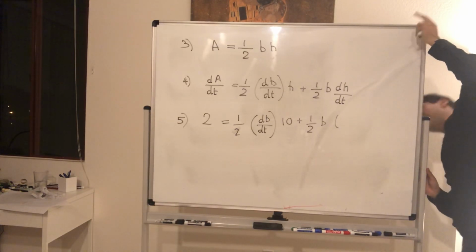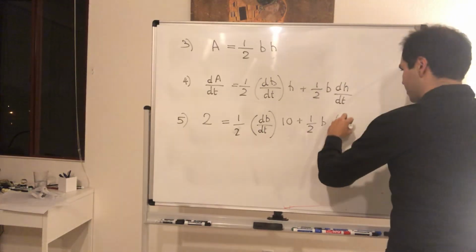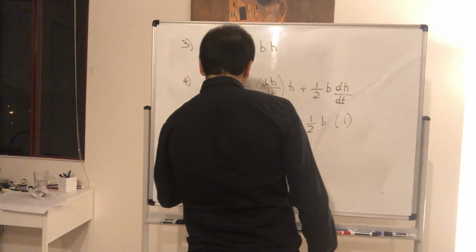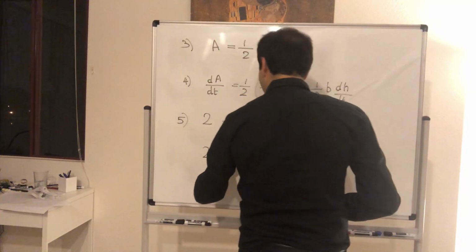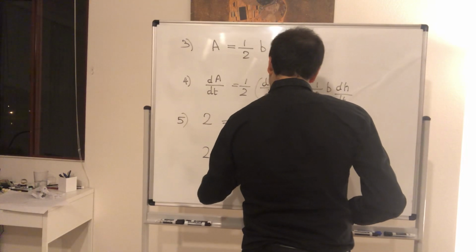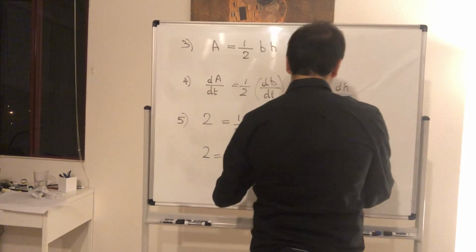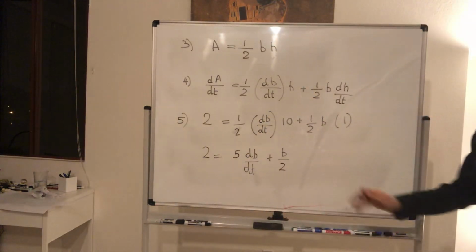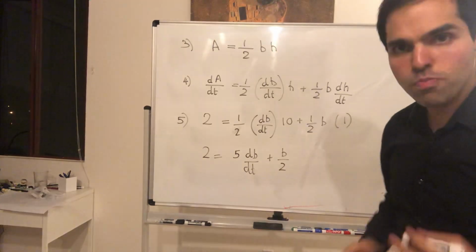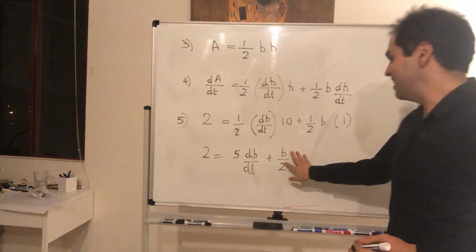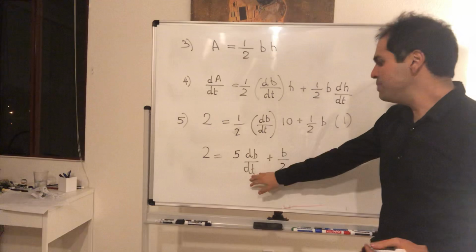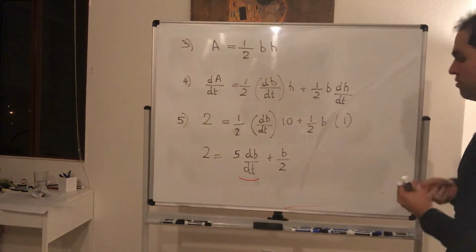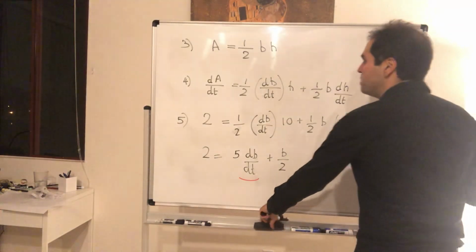The height is increasing by 1 here. Okay, and then we can simplify that. So 2 equals 10 over 2, which is 5 dB over dt, plus b over 2. Which means we can solve for dB over dt provided that we know what b is. So the next step is to figure out what b is.